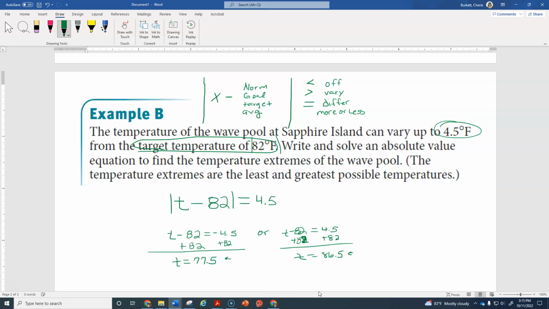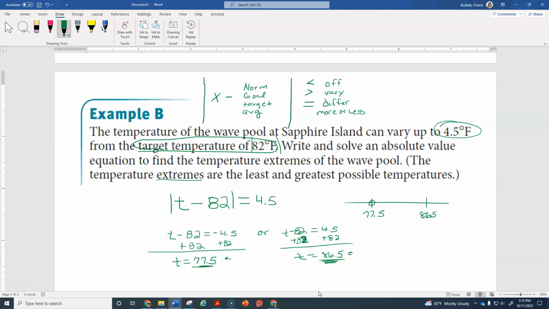The highest the temperature is going to be, it says the temperature extremes are the least and the greatest possible. So this is the lowest it can go, and this is the highest it can go. And if we graph that, of course, we would just put it on a number line. That would be 77.5, and that would be 86.5.